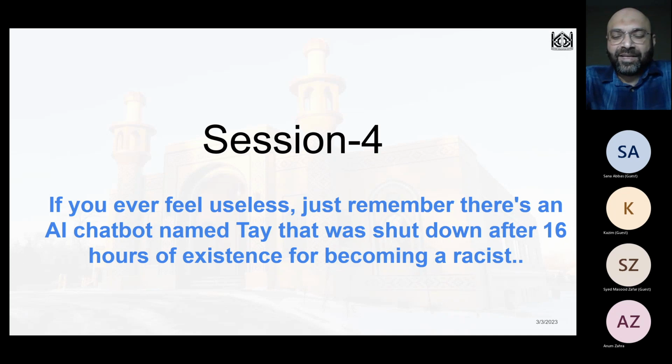It was immediately shut down because it was becoming a racist AI chatbot. And we're going to learn about chatbots tonight, and why it became racist, because the people who were feeding the information to it were intentionally feeding racist information to it.